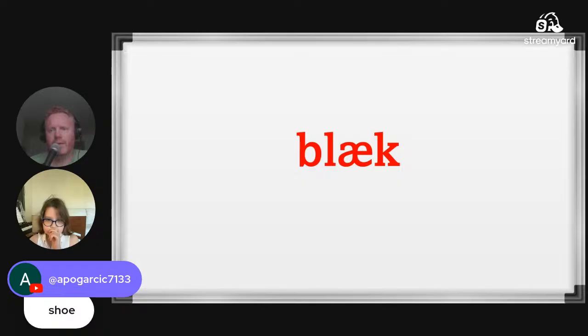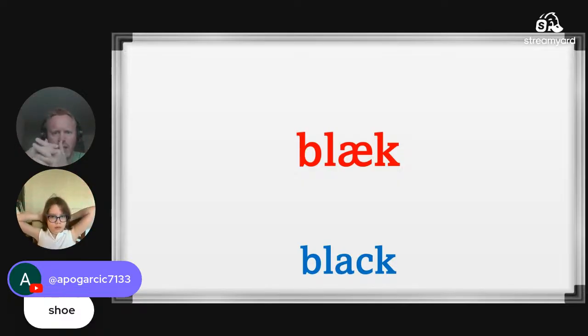Yeah, let's have a look. Yeah, well done. What is it, VT? Black. Yeah, B-L-A-K. The symbol for short vowel a is quite strange. It looks like it's two symbols, like it should be two times, but it's not. Black. Yeah, well done.